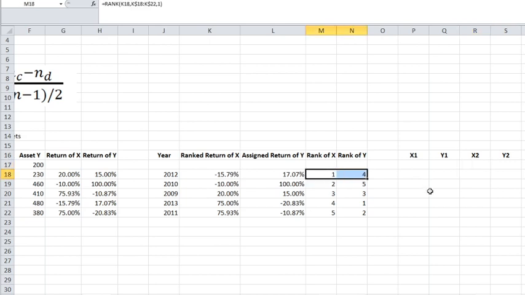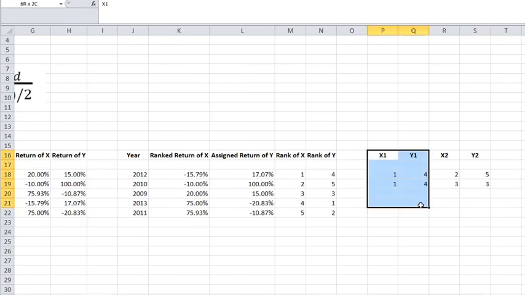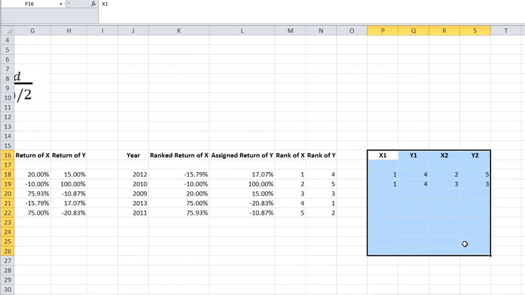So let's start with the observation of 1, 4 and pair it with the first value of 2, 5. Then we'll take the same observation of 1, 4 and pair it with the observation of 3, 3. By the way, this section right here is independent from the section on the left.